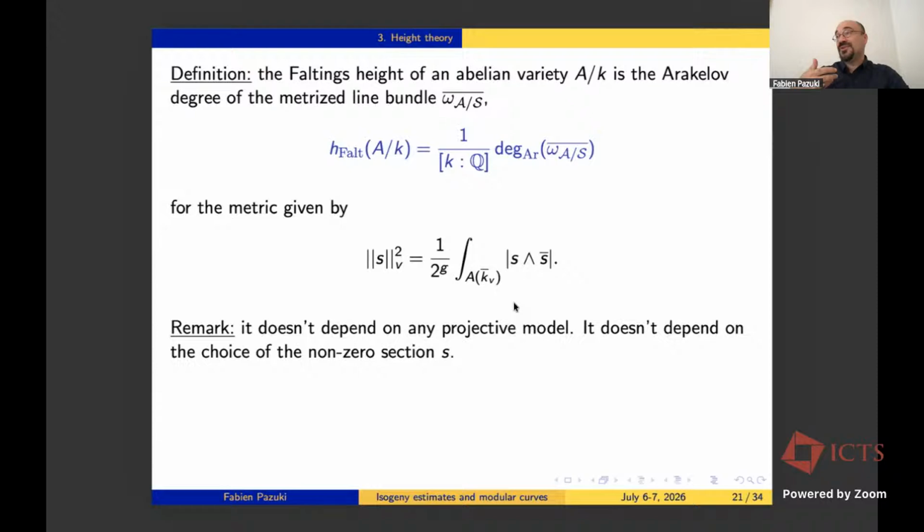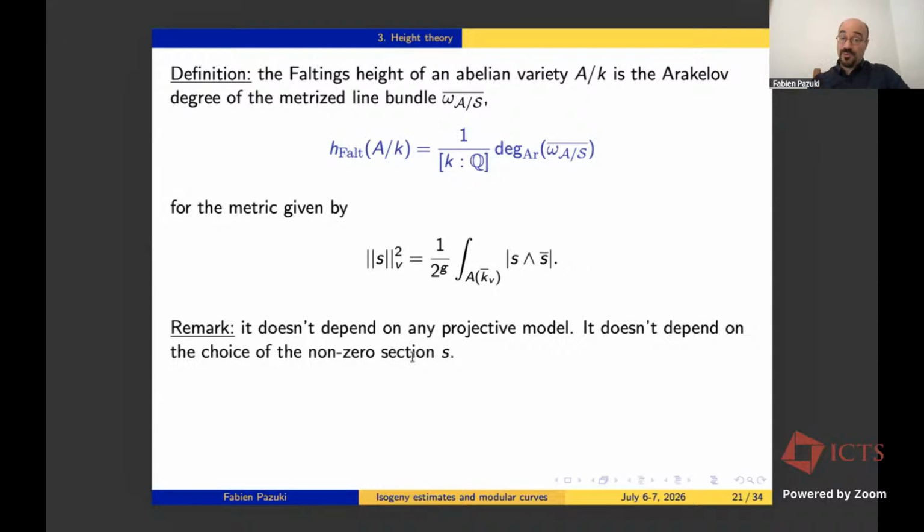Instead, we use differentials. And then it does not depend on the choice of the non-zero section S. And that's very important. As you can see from the notation, there's no mention of little s. However, in the definition, of course, you use a little s, which is how to define the metric here, for instance.